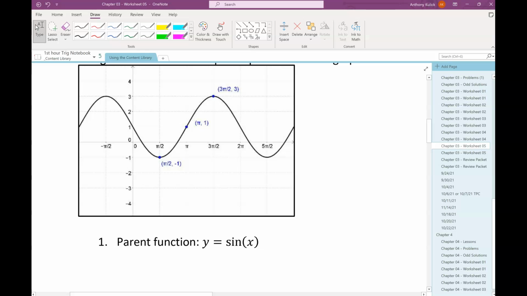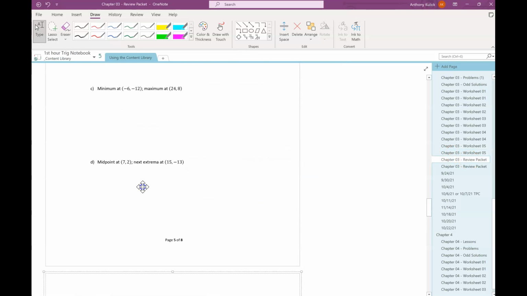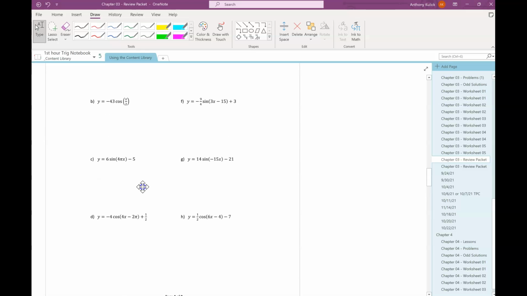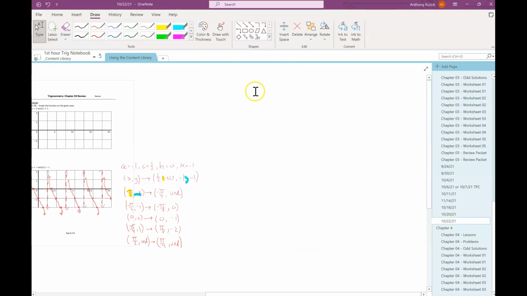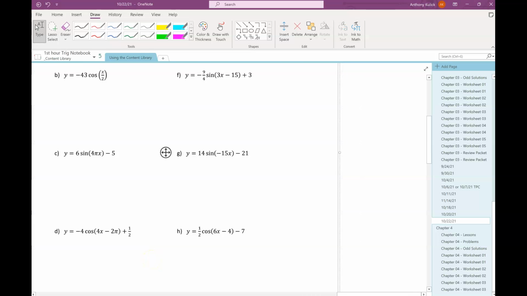Okay. Thank you. Yep, Victoria? On page 4, I just don't know how to find it. Page 4. And then you wanted to look at C, but really all you cared about was the period. Is that right?